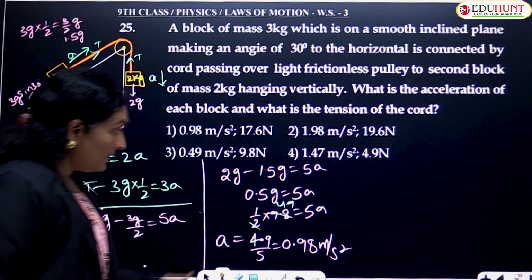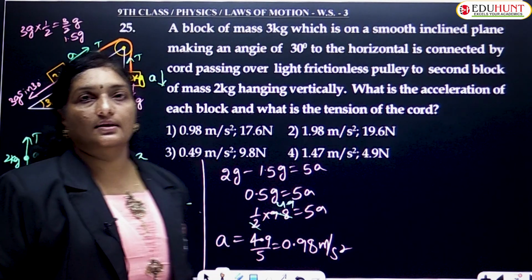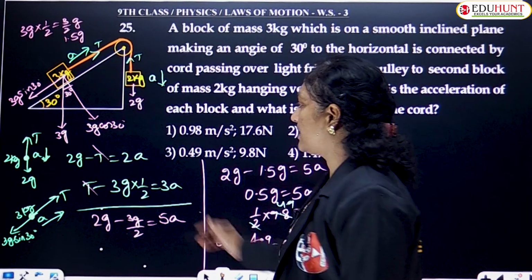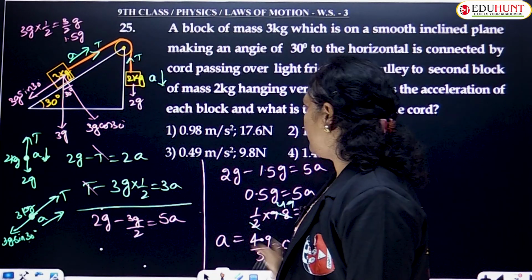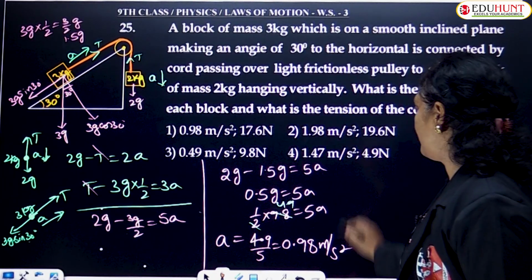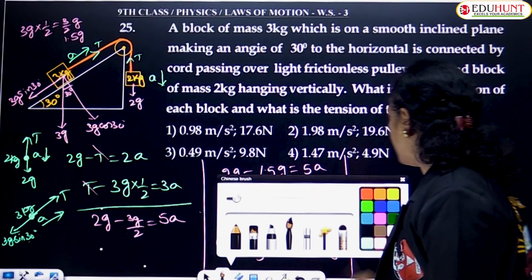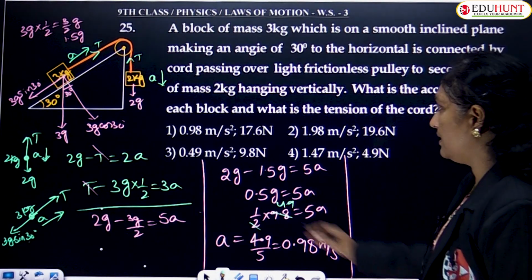Let us also try to find out the tension in the cord. In order to find the tension in the cord, let's substitute the value of a in either of the equations, first equation or second equation. So let us substitute the same in the first equation.